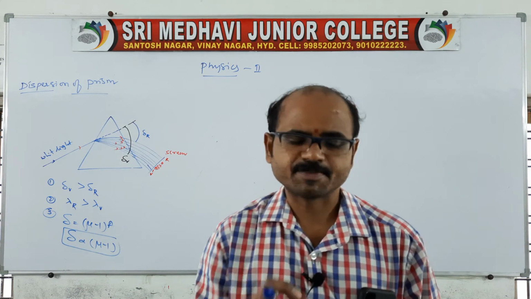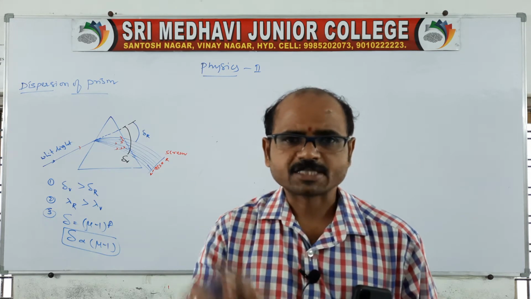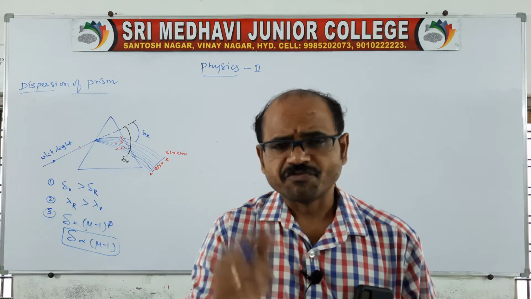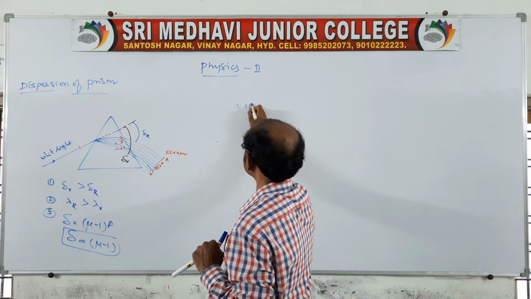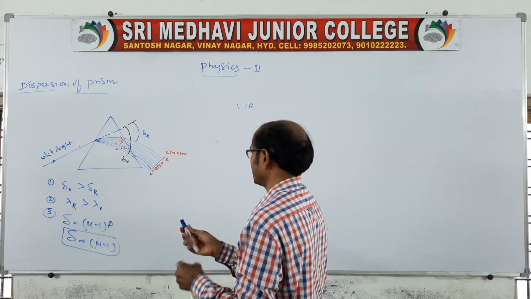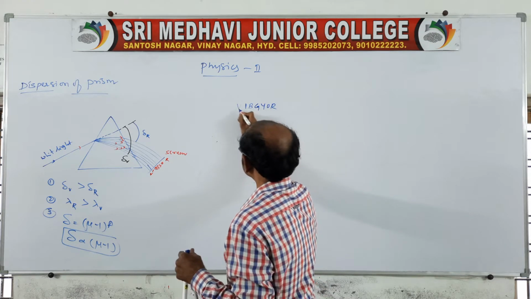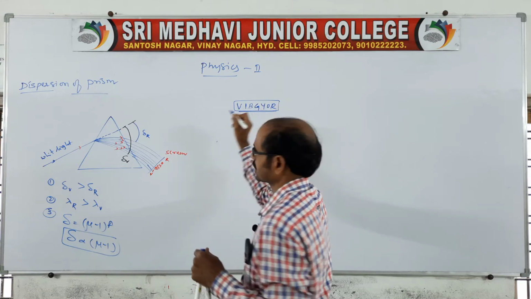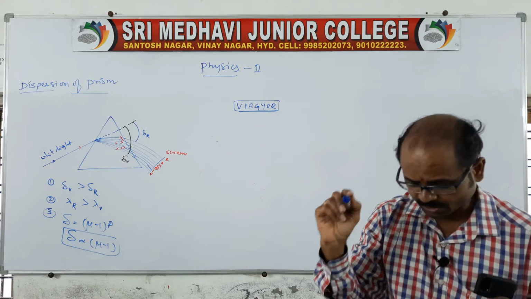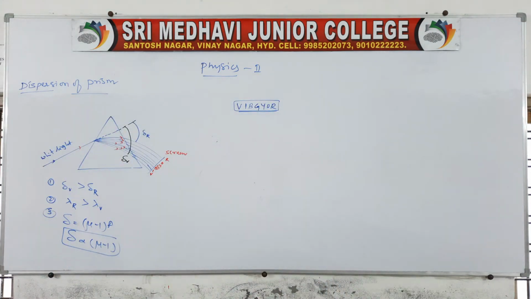Normal and anomalous dispersion. Sir, what is normal dispersion? Normal dispersion is the splitting of 7 colors which follows the VIBGYOR rule. That VIBGYOR rule, you write like this: V I B G Y O R. If the splitting of the 7 colors follows the VIBGYOR rule, we call it normal dispersion, because there are two types of dispersion. One is normal dispersion and the other is anomalous dispersion.